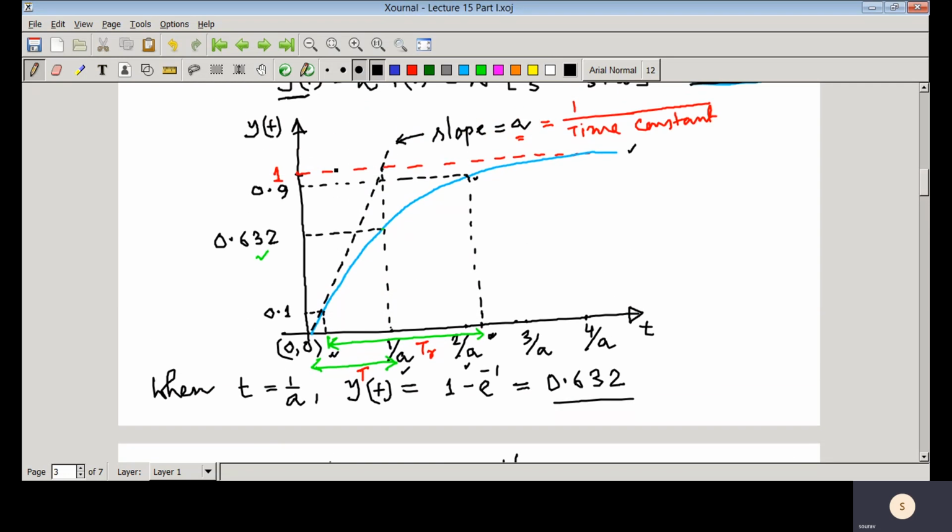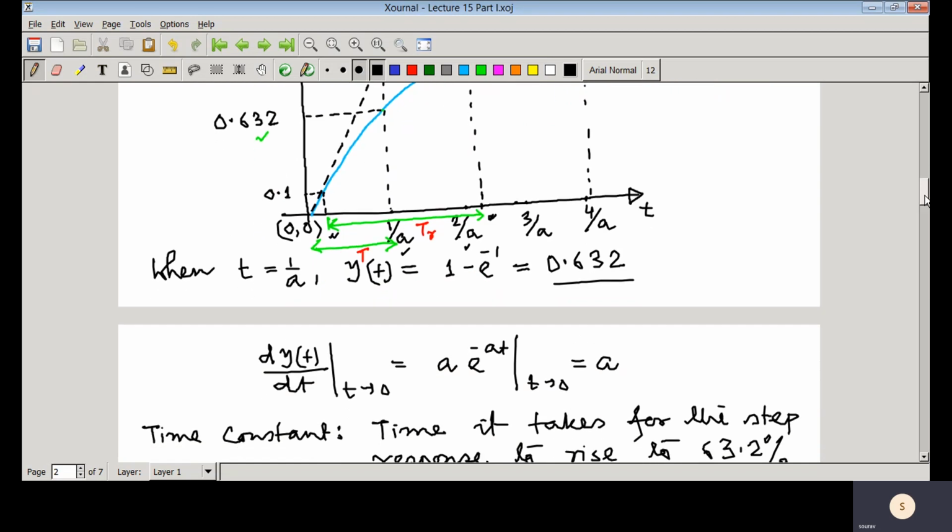We have applied here a unit step input, and we can see the final value is equal to 1, and then the settling time is actually the time required to reach and stay. So if we look here, it is almost here where it reaches within 2% of the final value, and it stays inside that range.